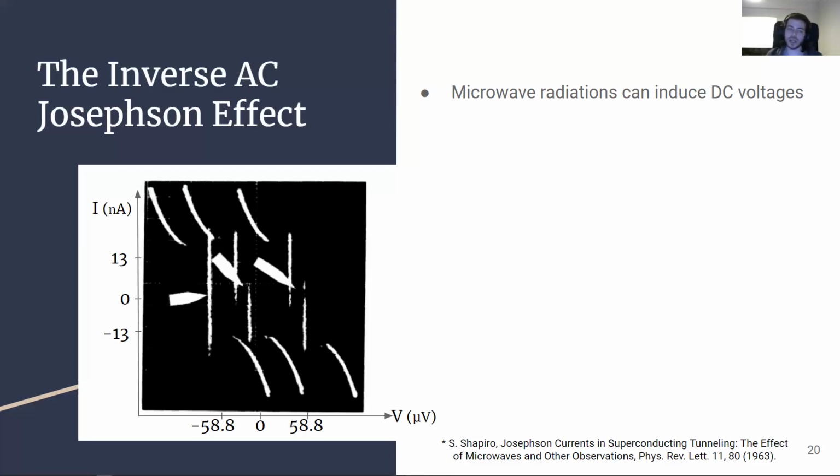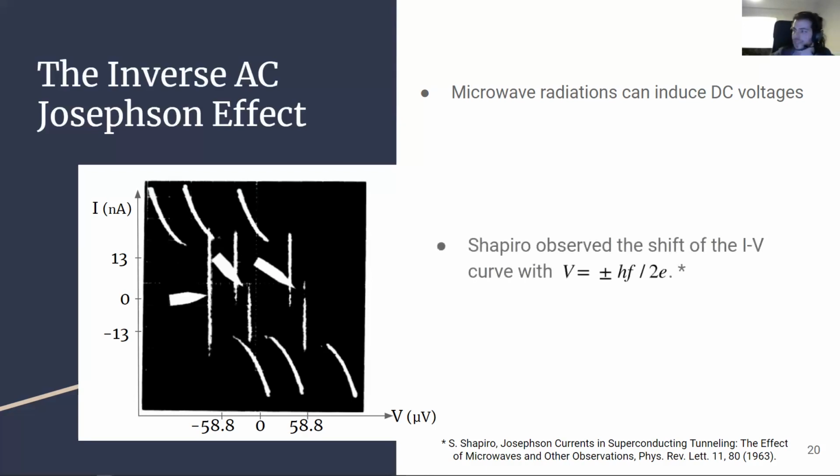They applied the frequency back at the junction and observed the same voltage shift in the IV characteristic. This is hf divided by 2e, f being the frequency applied to the junction. The frequency they applied was actually 9.3 gigahertz, if I'm not mistaken, and then they swept through that and found this was the sweet spot for the resonant frequency.